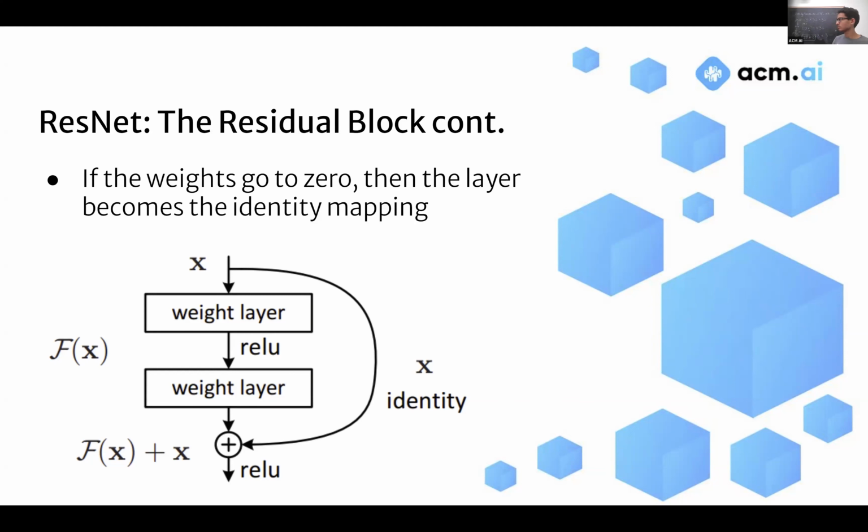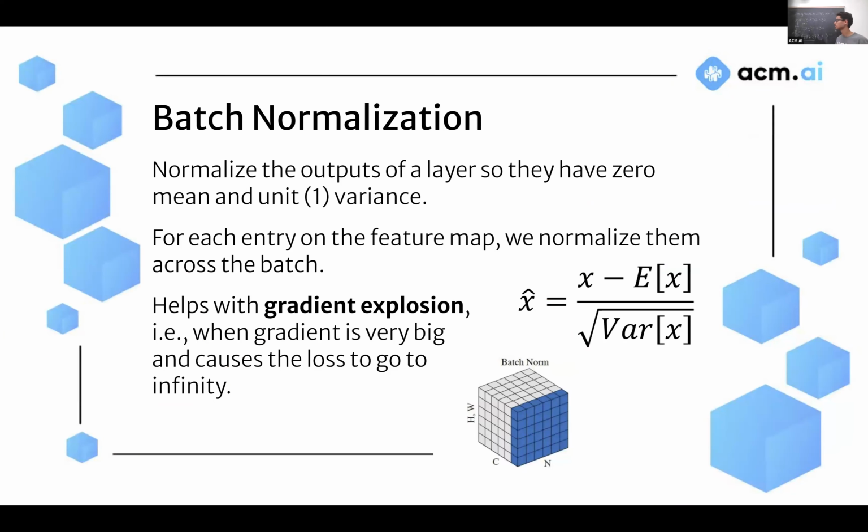ResNet also popularized batch normalization, which further helped with the gradient vanishing problem because it tries to normalize the magnitude of our intermediate features at every single layer, or a lot of them. Sorry, it is normalized across the batch dimension.